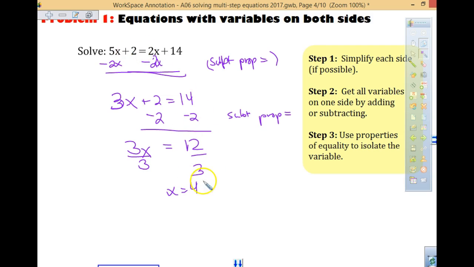And it says, well, you should check it. And just to show you how to do a check with this one, Sanjay, what would I do for my check? You replace the x with 4. So tell me what to write. 5 times 4 squared plus 2 equals 2 times 4 squared plus 14.